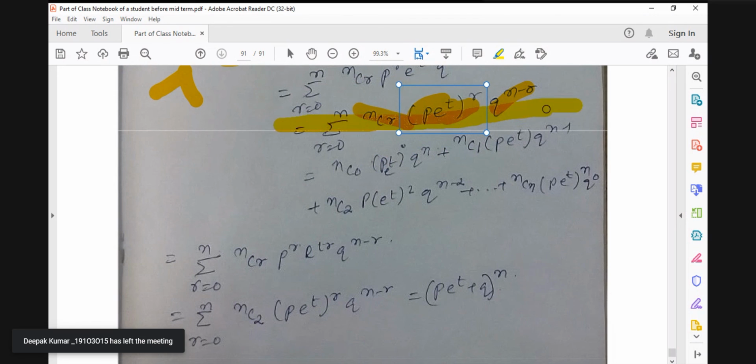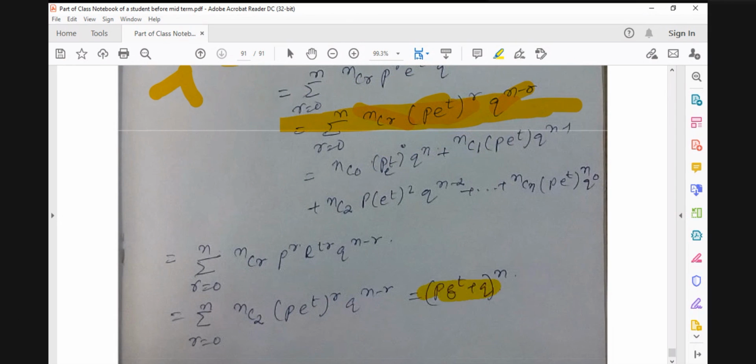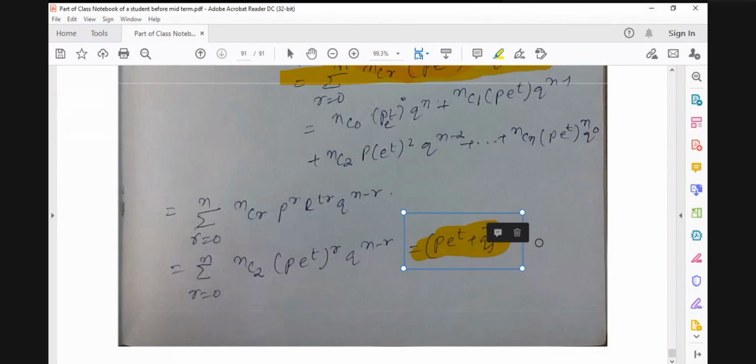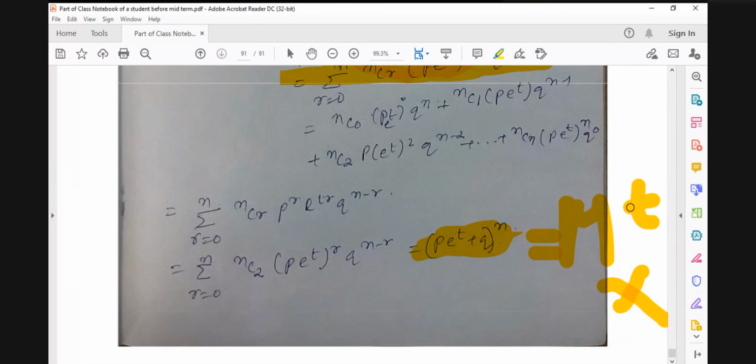So this can be directly rewritten using the binomial expansion, because this is the expansion of this one: (p e raised to power t plus q), and you know that this is the moment generating function Mx(t) for the binomial random variable.